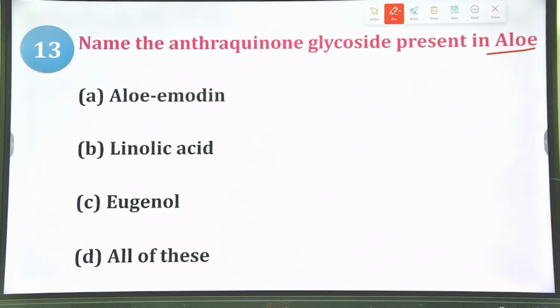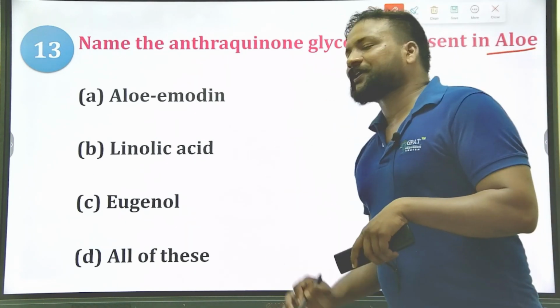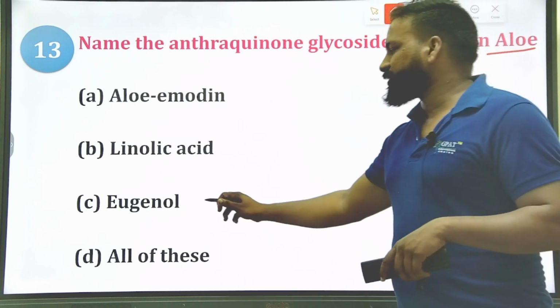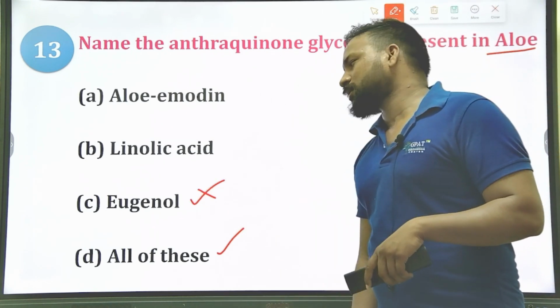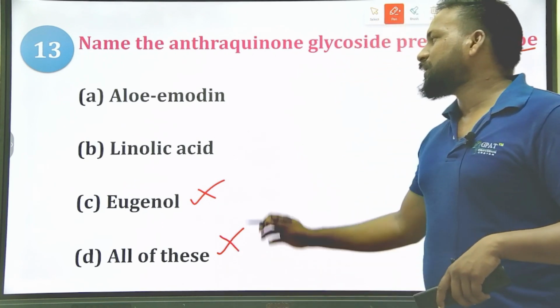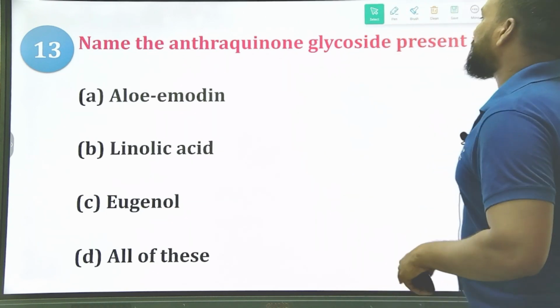You can eliminate two options from here, because you can directly identify one word. Eugenol is a volatile oil, and since this option is wrong, definitely D is also wrong. So you need to identify from the remaining two. Let me check the right answer.